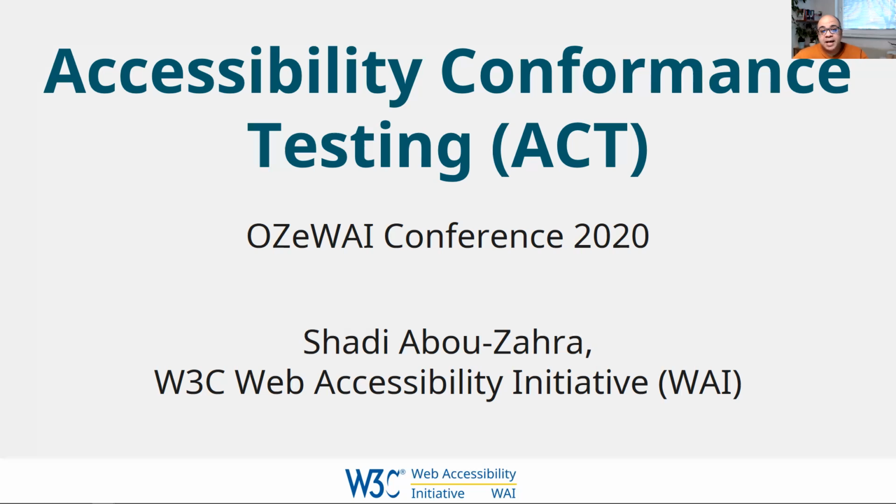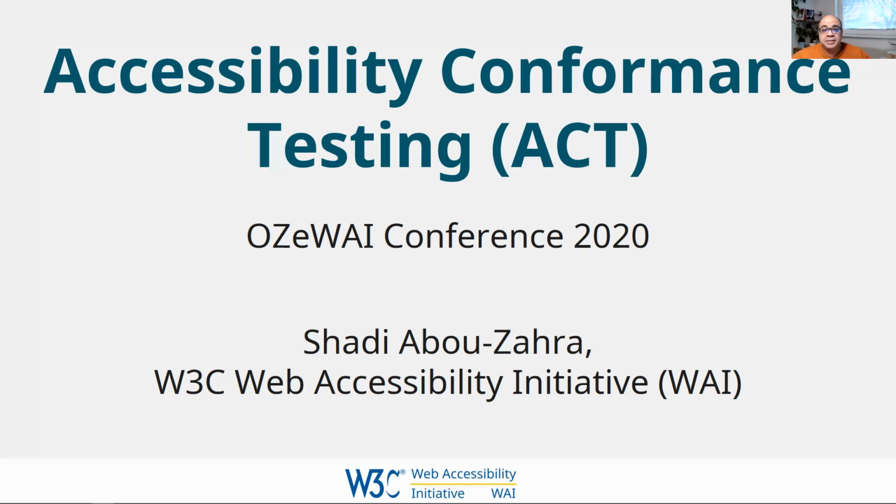So, as we said, accessibility conformance testing is a project that has been due for many years, to look at how we can improve the interpretation of the Web Content Accessibility Guidelines that is implemented in different testing tools, but also testing methodologies.